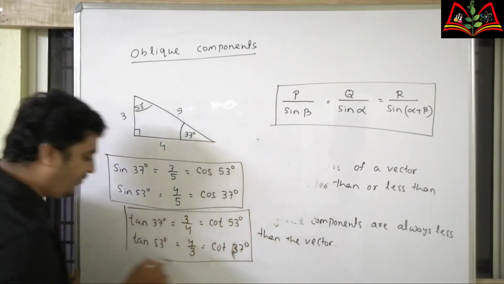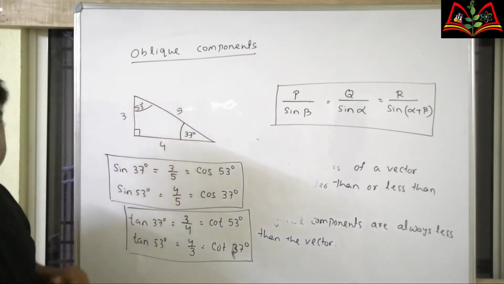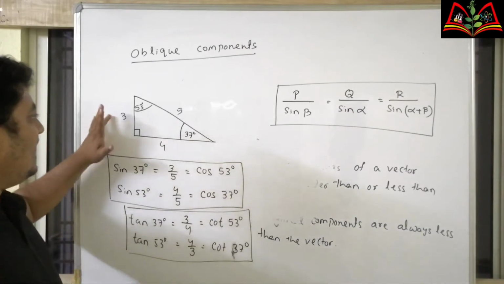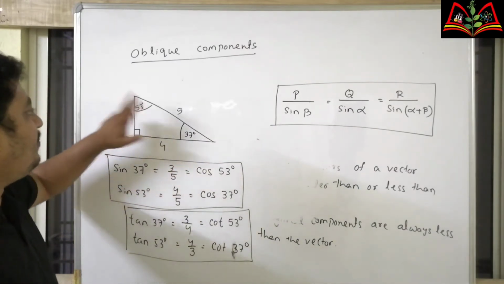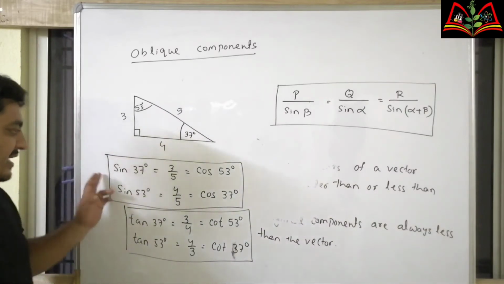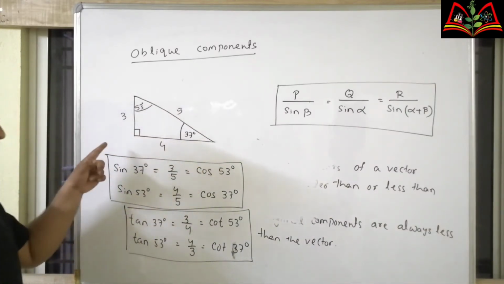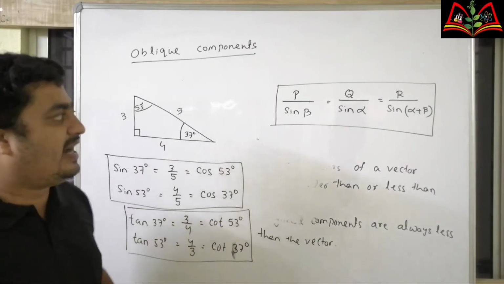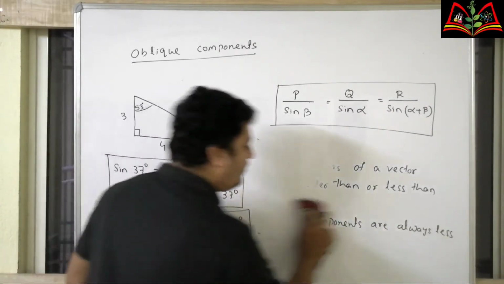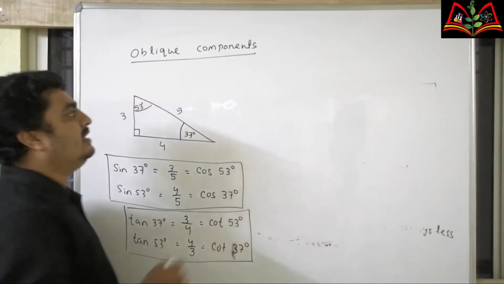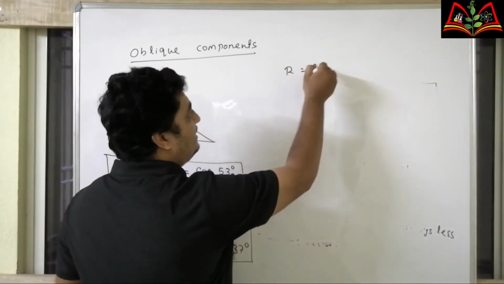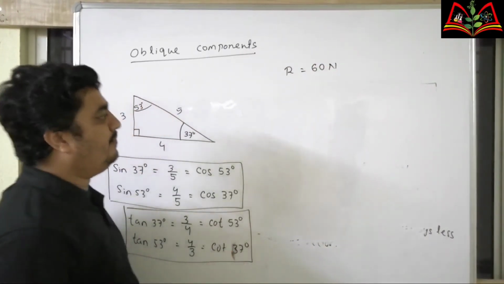So if 3, 4, 5 represents a right angle triangle, the opposite angle of 3 is 37 degree and the opposite angle of 4 is 53 degree. So just remember this triangle. This is very useful to find oblique components. For example, if the question asks: a vector has a magnitude 60 Newton.